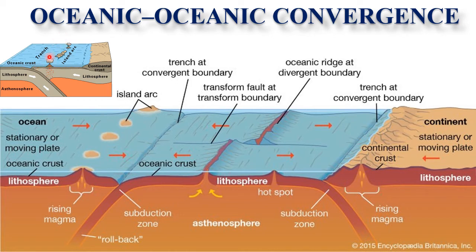When subduction is sustained, it will eventually build a chain of volcanic structures large enough to emerge as islands. The newly formed land consisting of an arc-shaped chain of volcanic islands is called a volcanic island arc, or simply an island arc.